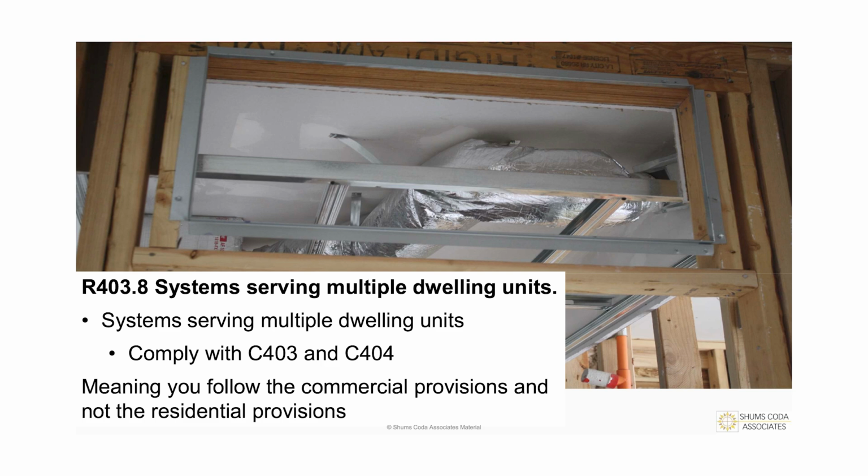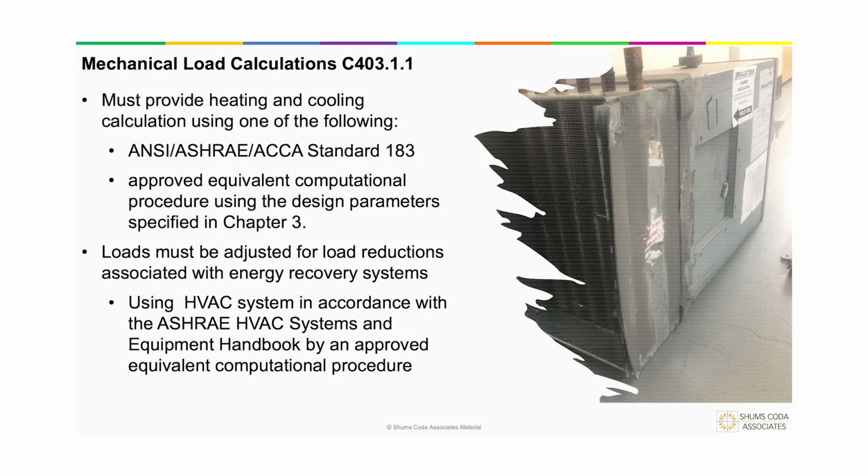What the residential code says is, hey, by the way, jump on over into the commercial section of C403, which deals with the mechanical, and C404, which deals with the service water heating and plumbing. So it just says go and follow those provisions. As you'll notice, these provisions are not all that different.